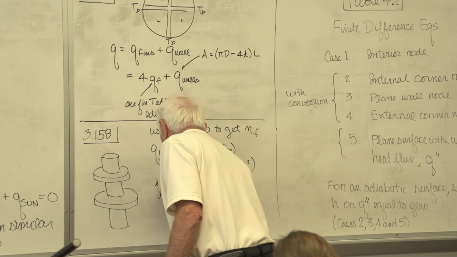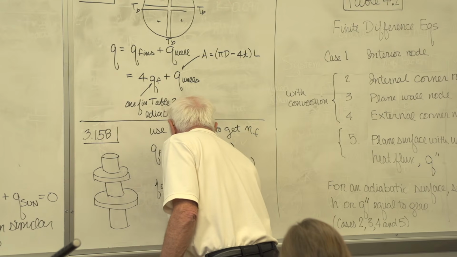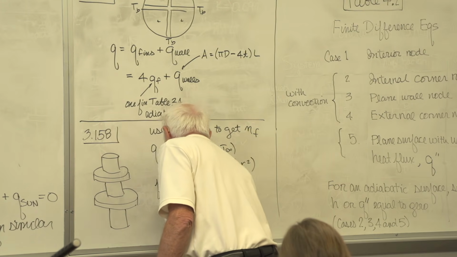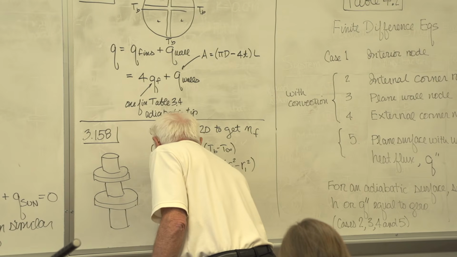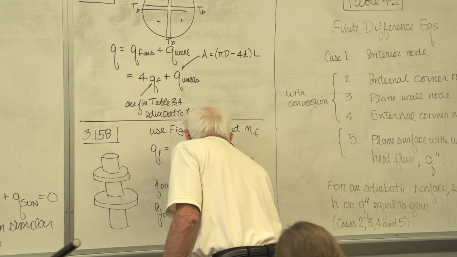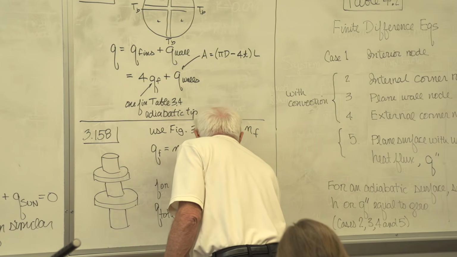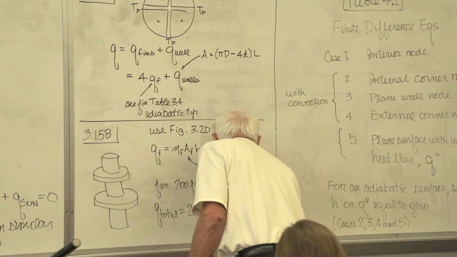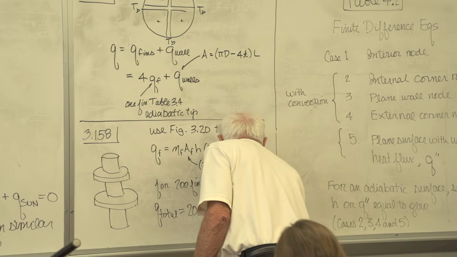For 200 fins, Q total equals 200 Q_F plus Q from the bare wall.